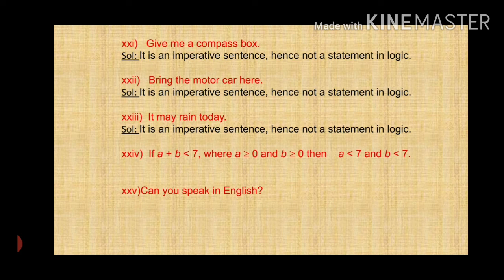So all the numbers are from 0 to 6, isn't it? Because a is strictly less than 7 and b is also strictly less than 7. Only then this will be true. So this is a statement and the truth value is true.